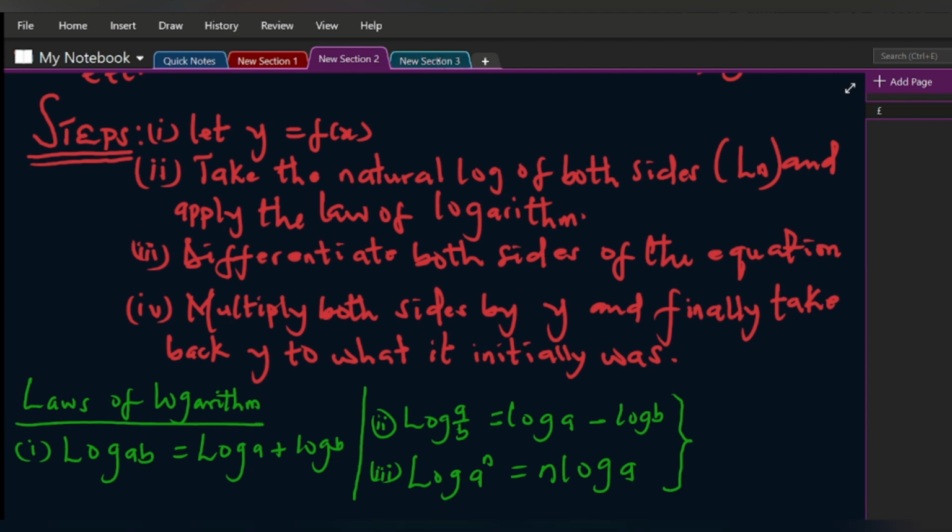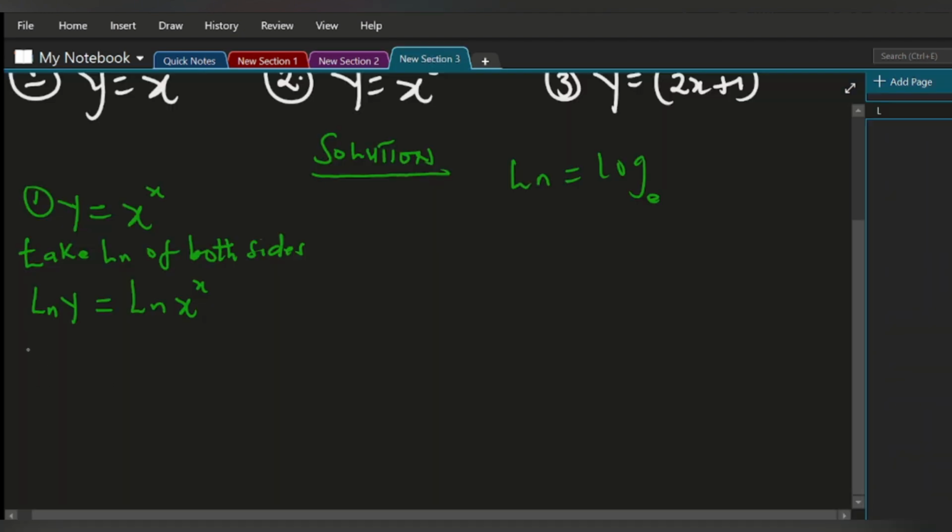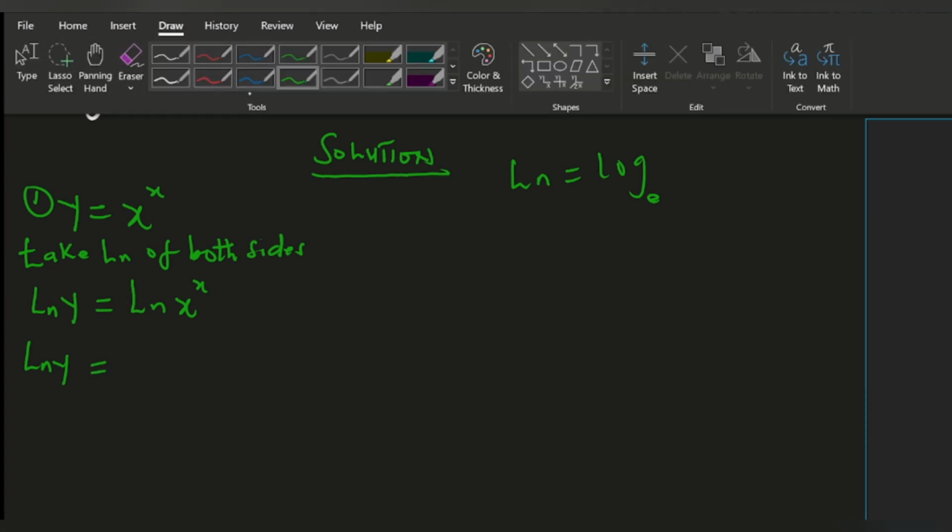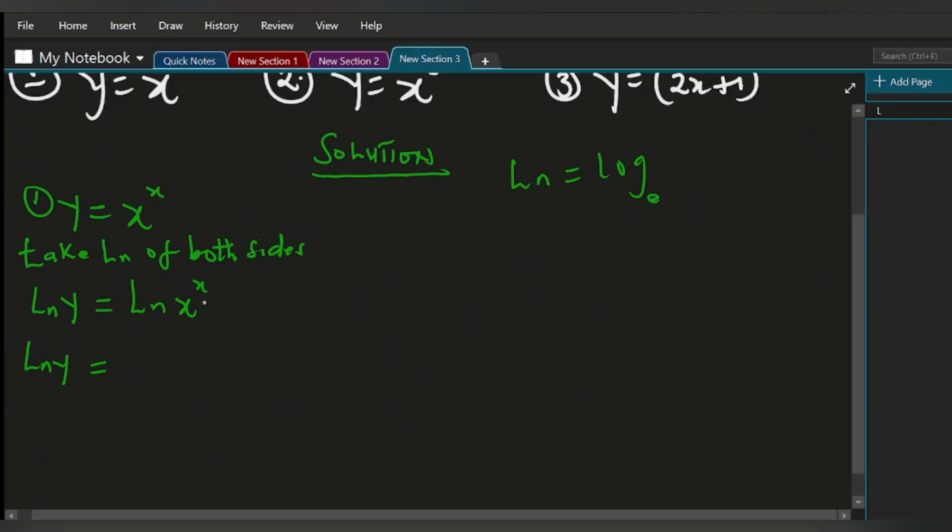So we would have ln y equal to, this is the power, it comes behind here. So we're going to have x ln x. Is that taken? x ln x.